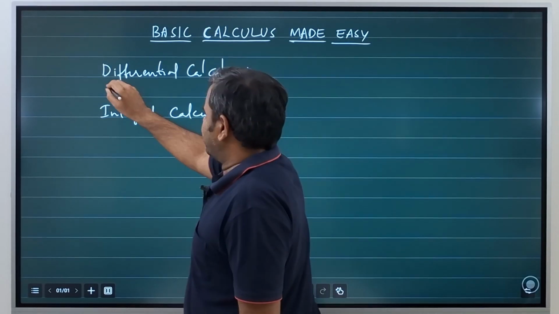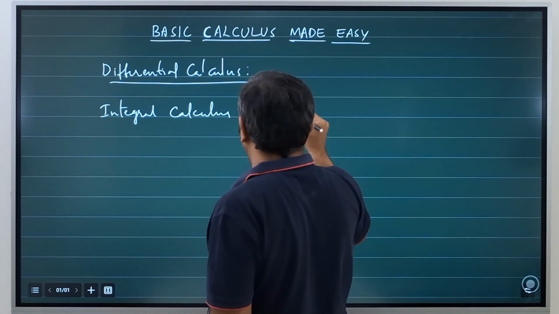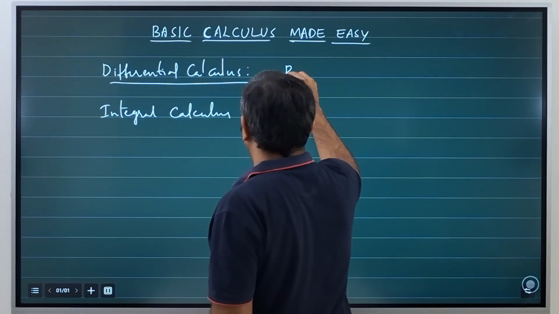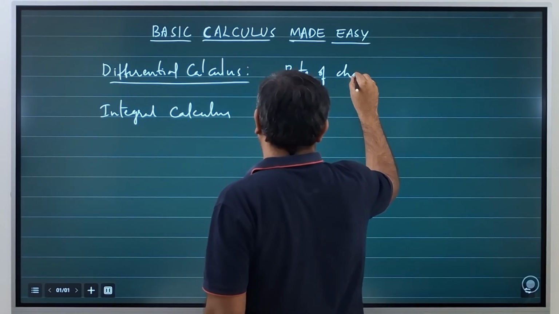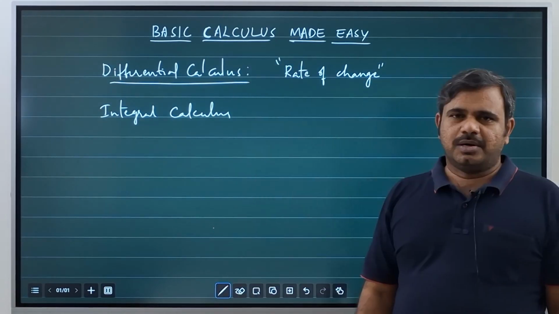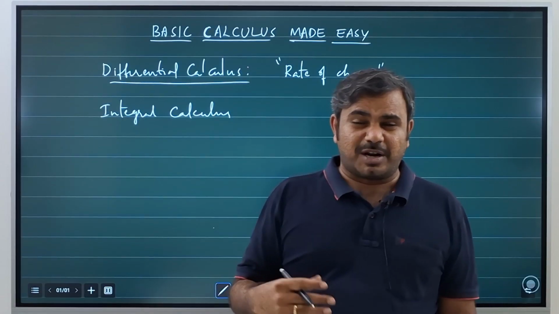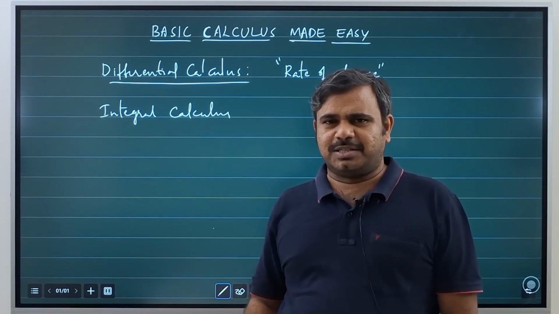What do we do in differential calculus? If I have to put it in one sentence, we study rate of change in differential calculus. Rate of change of one physical quantity when another physical quantity changes.